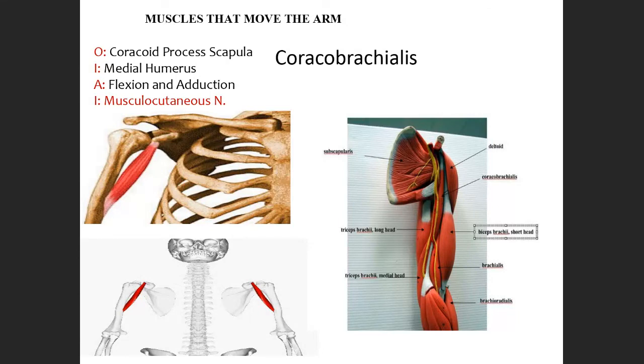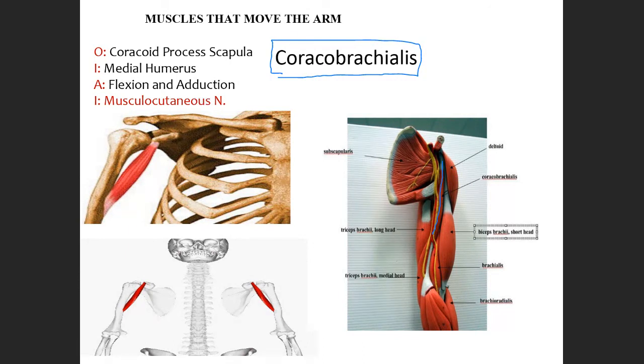The last one that we're going to talk about is called the coracobrachialis. The coracobrachialis sits right in here in the anterior portion of the arm, anterior to the humerus, in anatomical position.